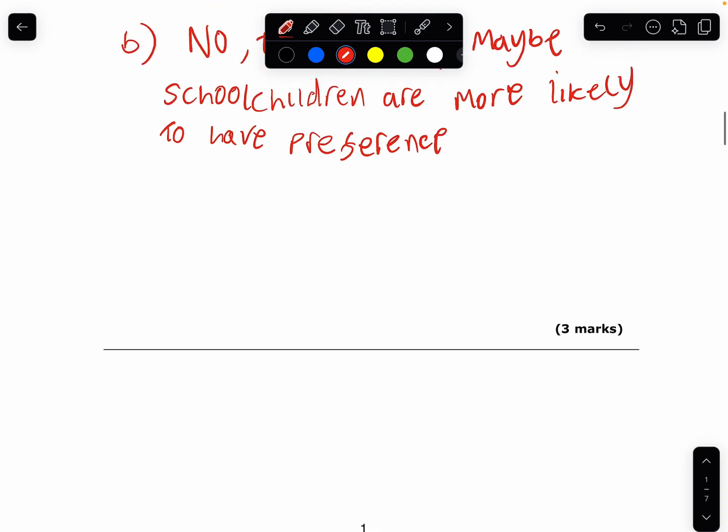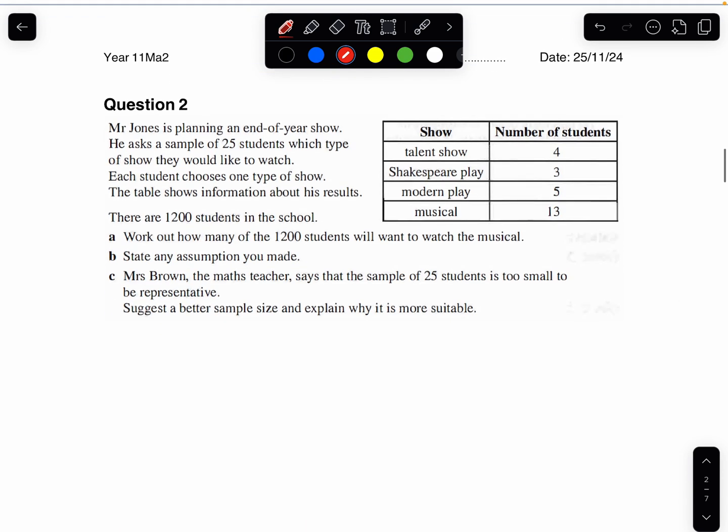Right. Question 2. 1,200 students. We know that we've taken a sample of 25 and 13 out of 25, for example, said they like to watch musicals, so let's just times that by 1,200.